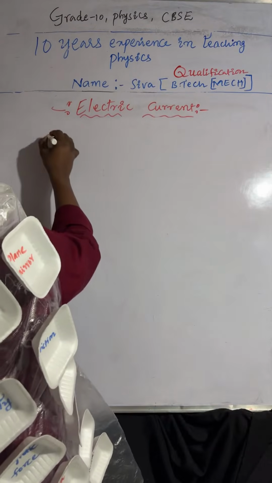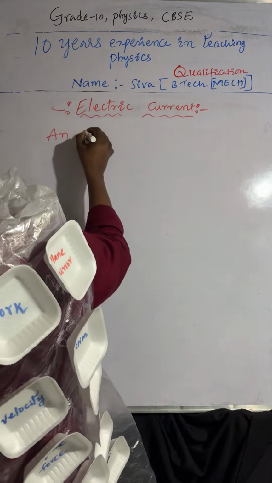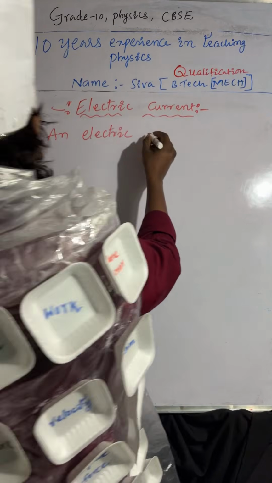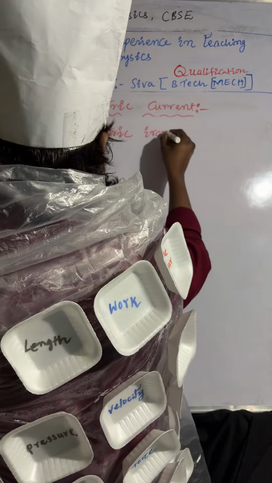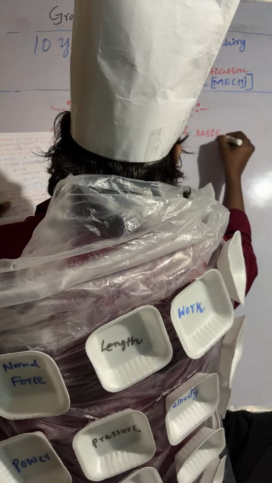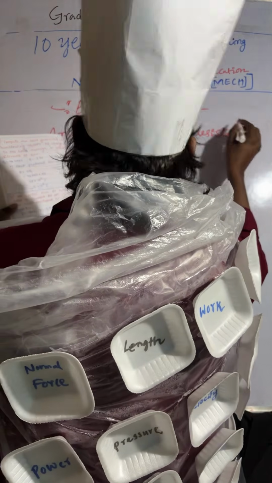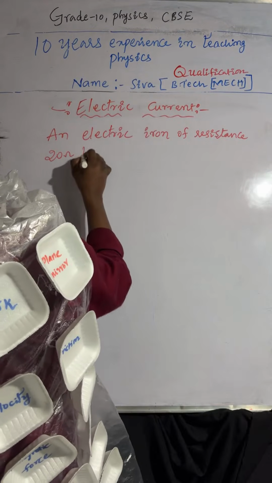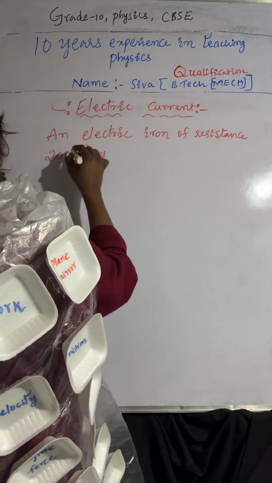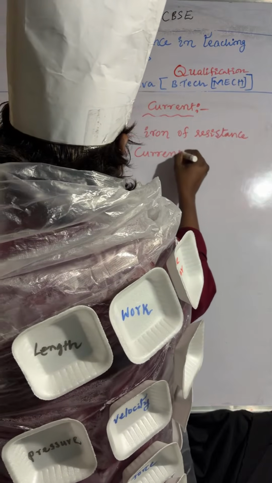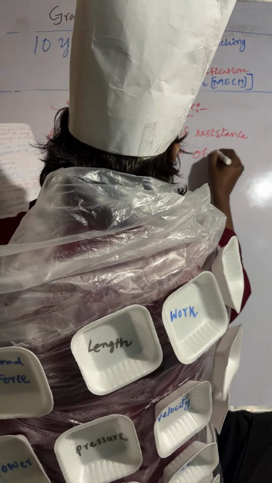An electric iron of resistance 20 ohm takes a current of 5 ampere.